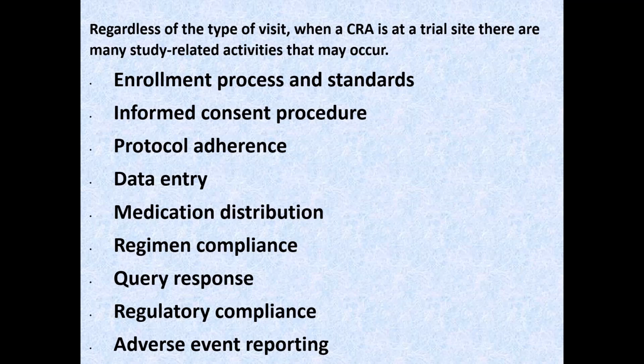These are all included as part of the informed consent form. It has two parts: information sheet and consent sheet. In the information sheet, we'll provide the information about the study. In the consent sheet, we'll get the signature. So this is what they check. The CRA will check whether the informed consent form is obtained before the participation of the subject.